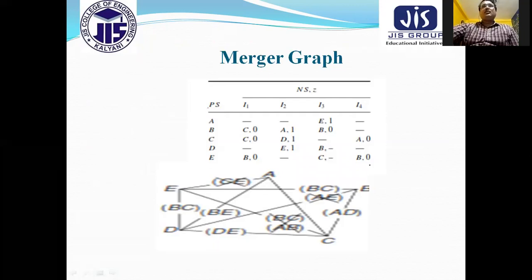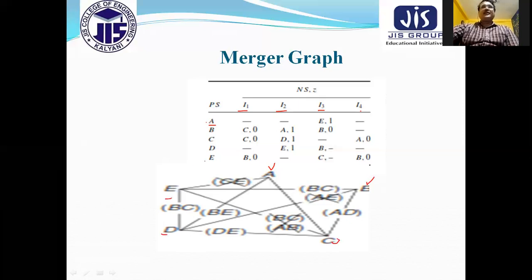Here we can see that this machine is also incomplete, because for inputs I0, I1, I2, I3 and I4, if you give the input here, there is no state and no output. So they are the incompletely specified machine. When you go for the design of the merger graph, whatever states are there, we draw a vertex for each.